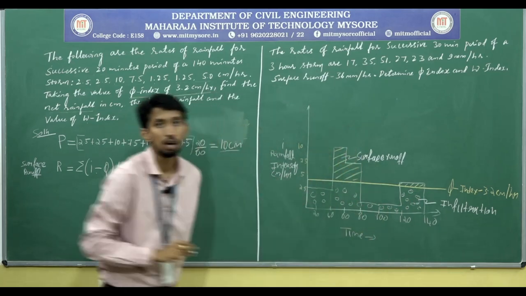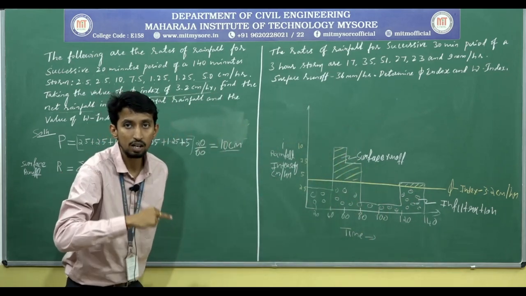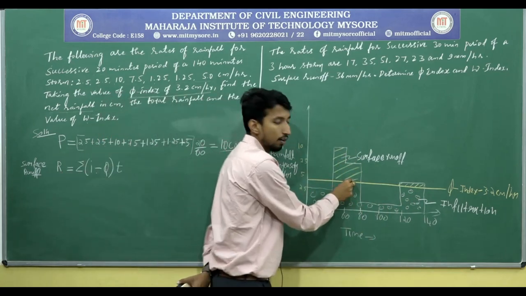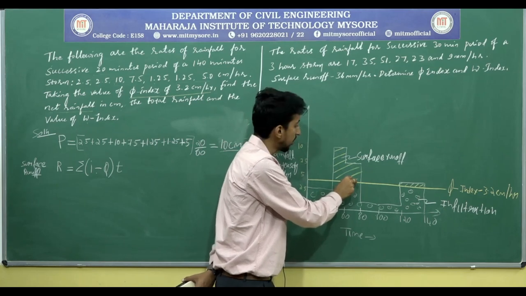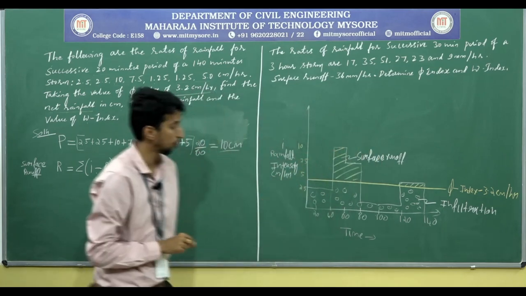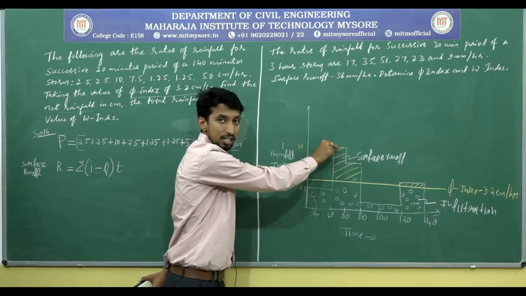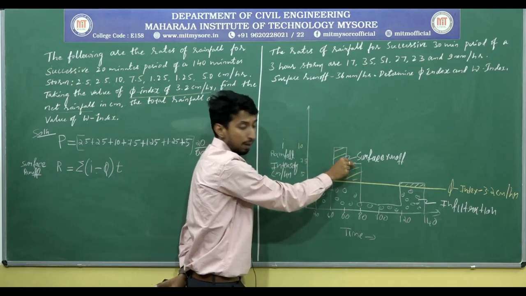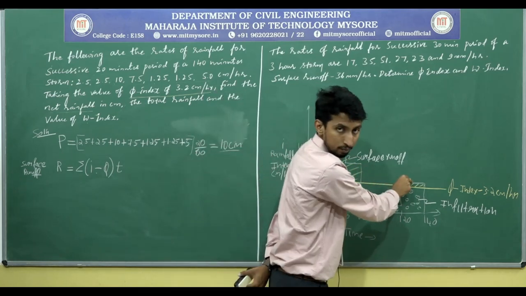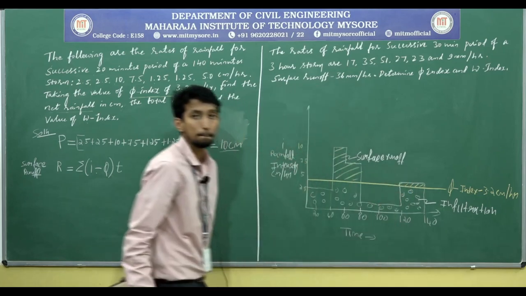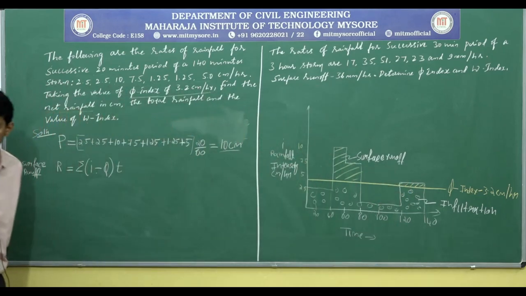Only above the phi index line, where it has crossed the rainfall intensity, will it undergo surface runoff. Only 10 centimeter per hour, 7.5 centimeter per hour, and 5 centimeter per hour rainfall intensity should be considered for finding out the surface runoff.